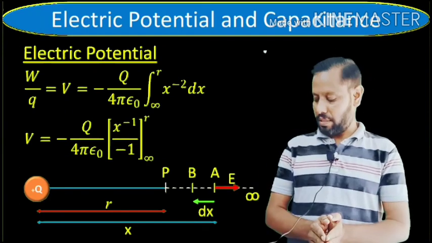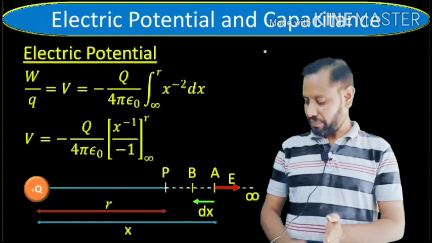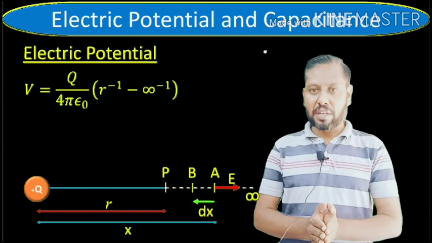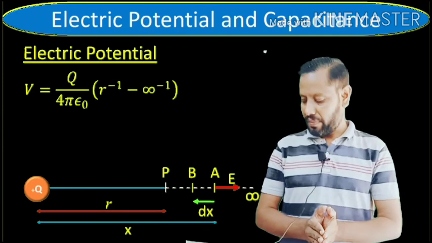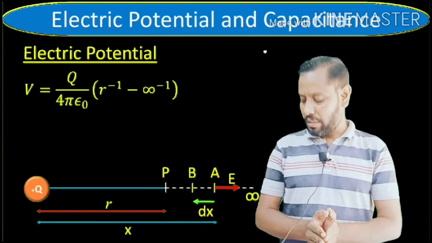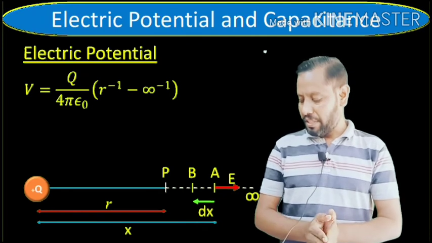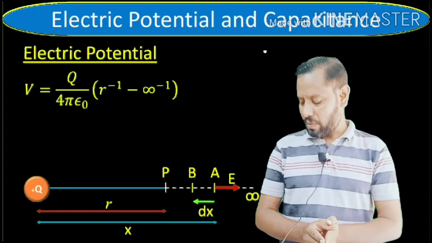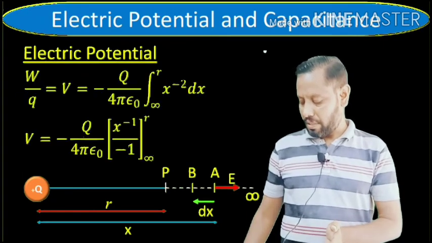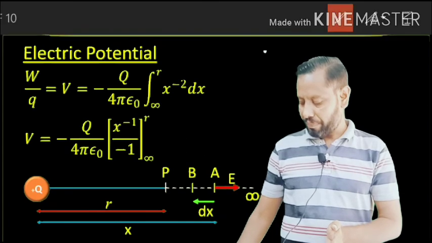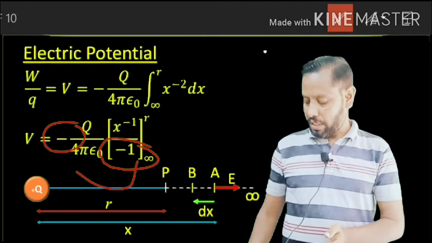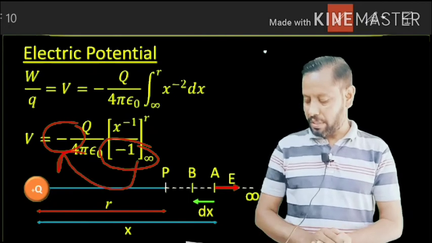So further, if I put the limits, then we can write this as q upon 4 pi epsilon 0 times r raised to minus 1 minus infinity raised to minus 1. In this way we can write the answer, right? One very important thing: this is minus 1 here and this is minus also. So this minus 1 and this minus become plus.